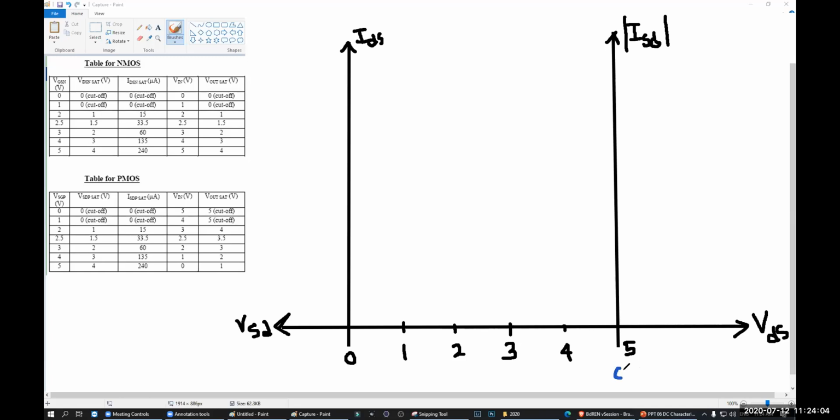We'll use 0, 1, 2, 3, 4, 5. So we are trying to draw the two graphs at a time. We will not draw two graphs separately, then flip it, then superimpose it. No, we will not do that. We will try to draw it at one time, in one single graph. That's why two axes, from 0 to 5, one axis, from 0 to 5, another axis in opposite position.